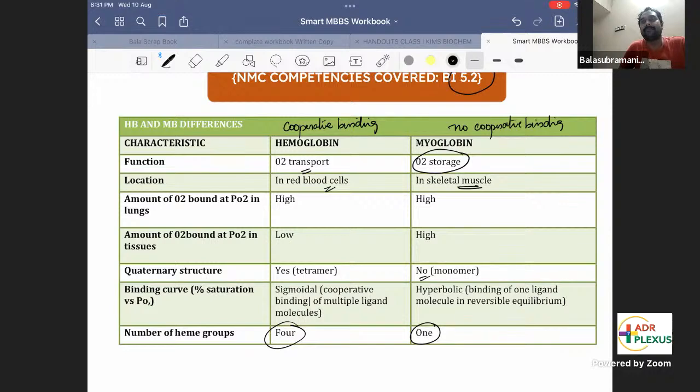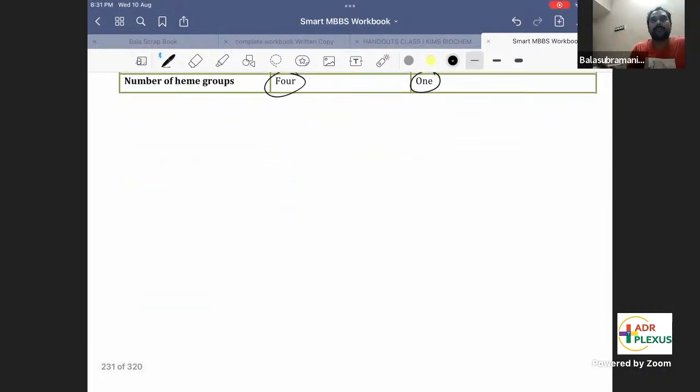So why do we have to learn about myoglobin and hemoglobin? That is because you must understand the following concepts. See, there are the lungs, which are loaded with oxygen, which means the partial pressure of oxygen is very high in the lungs.